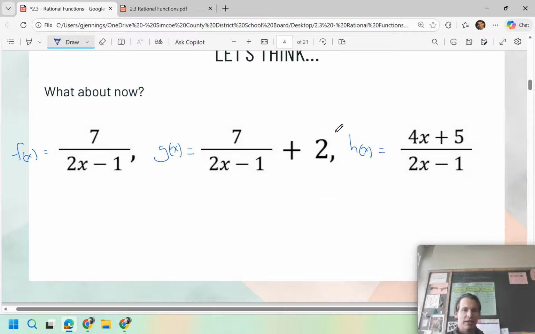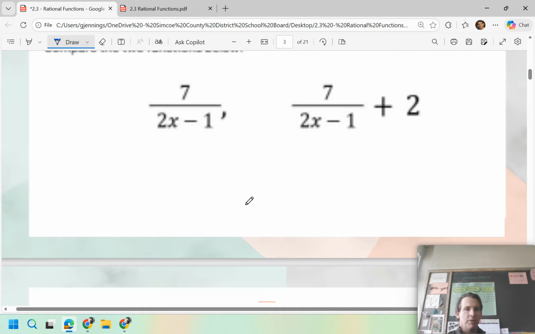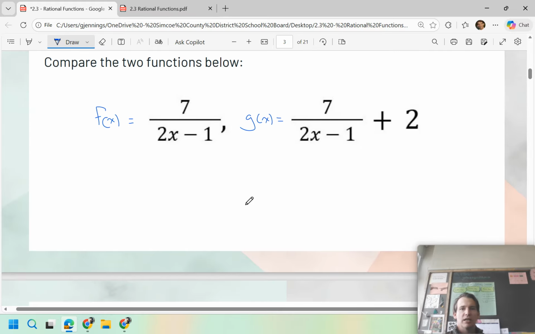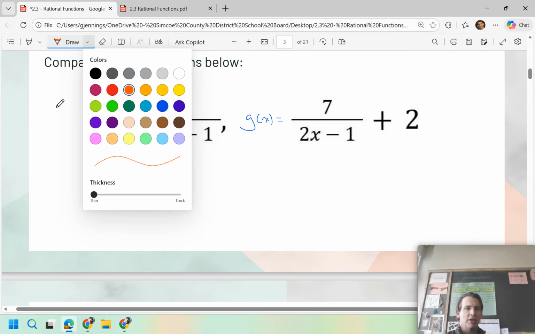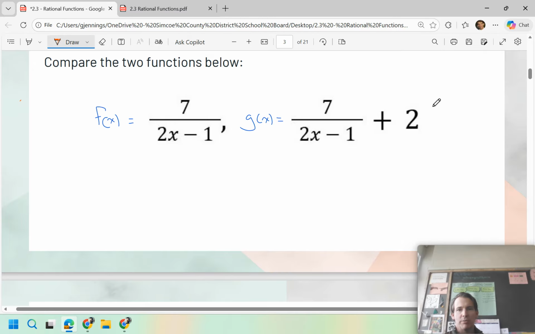Well, let's test it. One thing we could do is actually do this addition. So how do we add an integer to a fraction? You get the same denominator. We have to create a common denominator. I multiply by the denominator upstairs, and I multiply by the denominator downstairs.